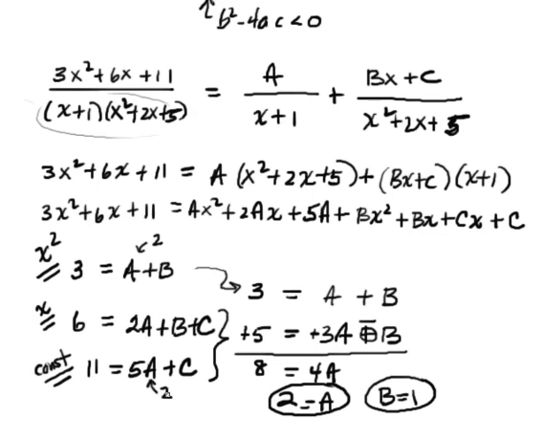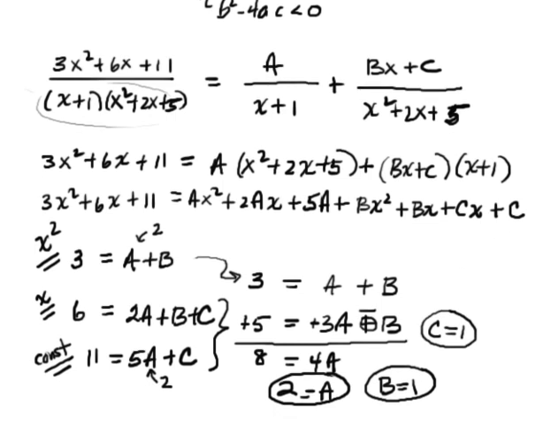So we have 10 plus c is equal to 11, so that gives us c is equal to 1. All right, so now we're ready to split up our integral. And a is 2, so we're going to have 2 over x plus 1. And then here we're going to have x plus 1. Okay, b is 1 and c is 1.